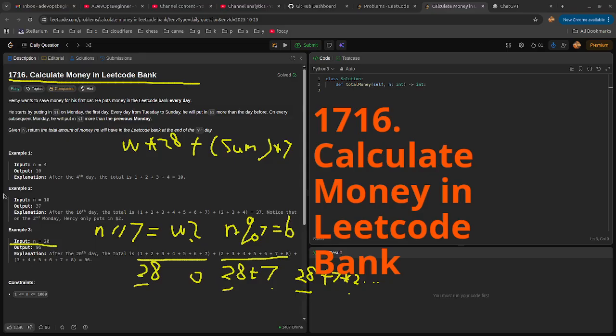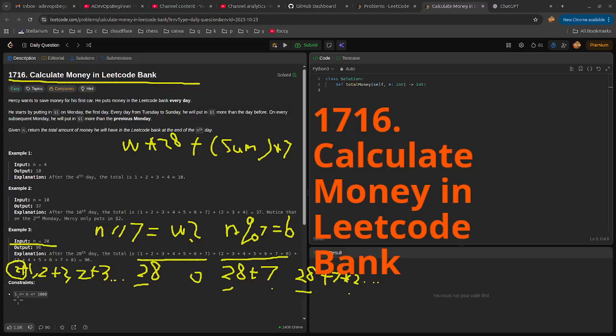Then for days, we can see the pattern for days would be 2 plus 1, where 2 is the number of the week. Then 2 plus 2, 2 plus 3, and so on. So the first number here will be the number of the week.